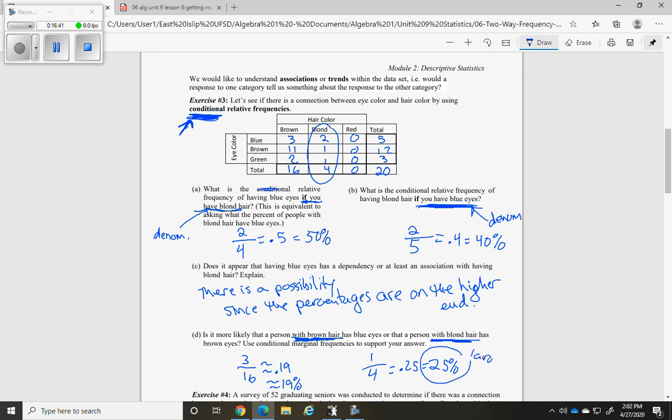This is larger, therefore it's more likely that a person with blonde hair has brown eyes, right?